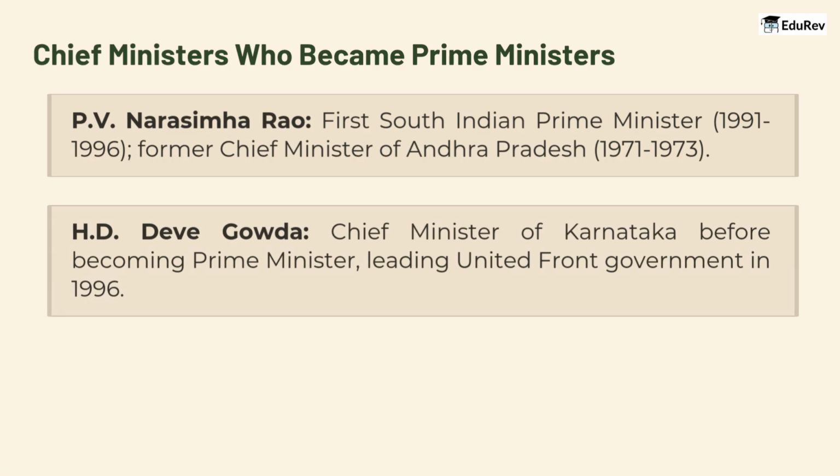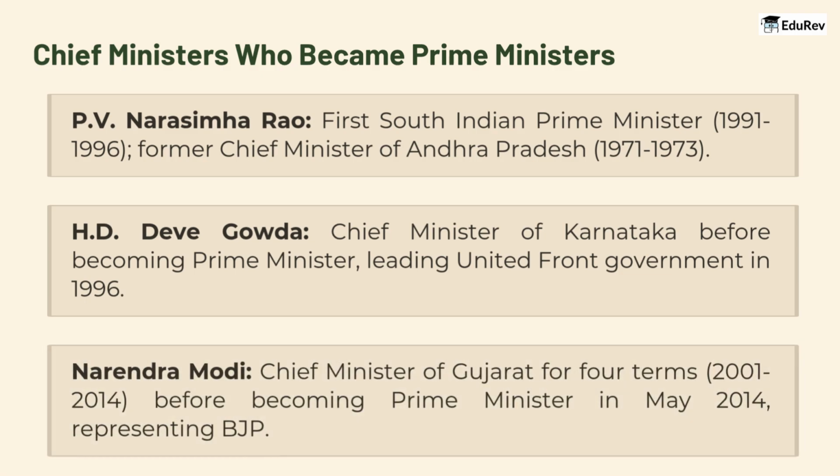H.D. Deve Gowda, Chief Minister of Karnataka before becoming Prime Minister, led the United Front government in 1996. Narendra Modi, Chief Minister of Gujarat for 4 terms from 2001 to 2014, became Prime Minister in May 2014, representing the BJP.